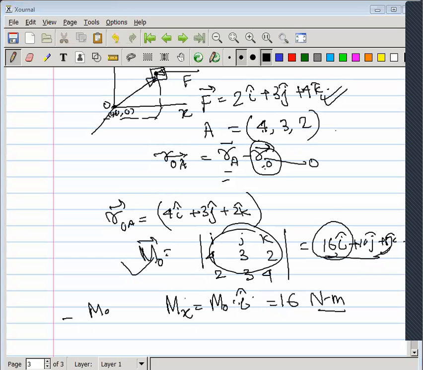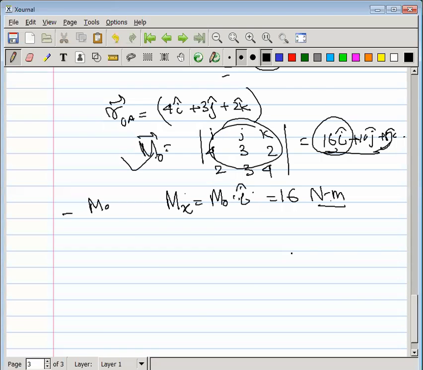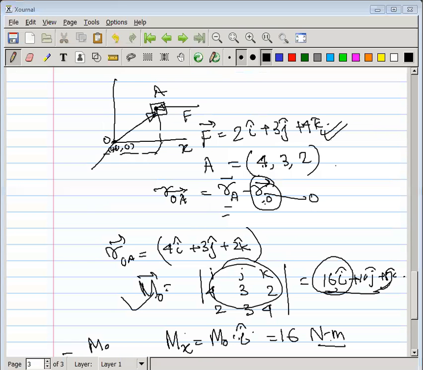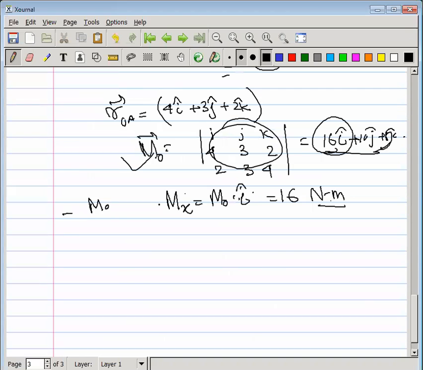Now suppose this is your xyz. Suppose they say with respect to another axis, suppose this is the axis, you have to find the moment. So how can you find it?